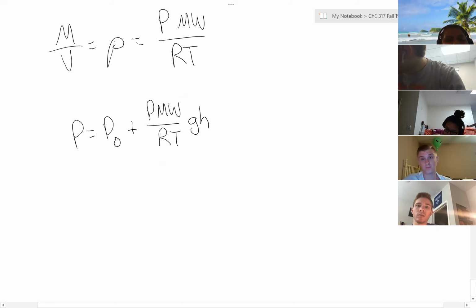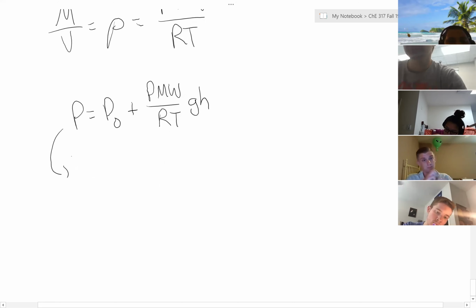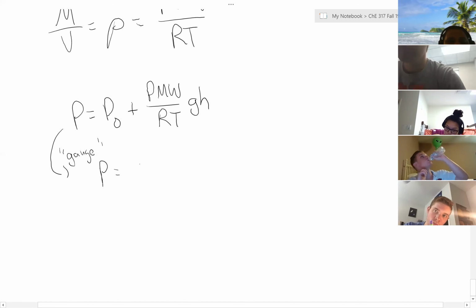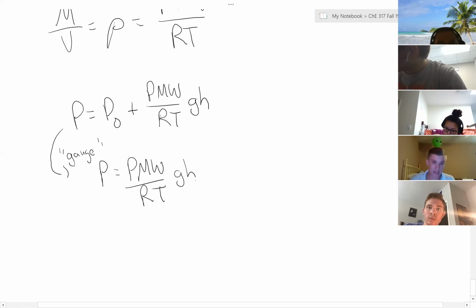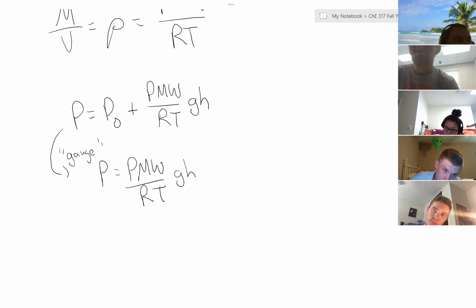Primarily because if I rewrite things in terms of gauge, I can say P is equal to P MW over RT g h. Which, kind of helpful, still not the full story.